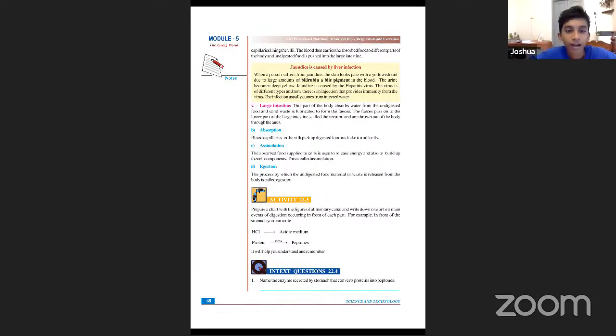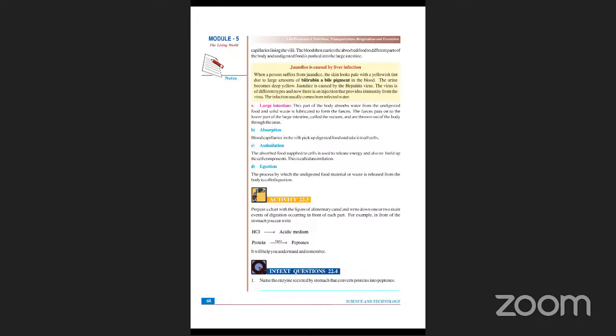When a person suffers from jaundice, the skin looks pale with a yellowish tint due to large amounts of bilirubin, a bile pigment in the blood. The urine becomes deep yellow. Jaundice is caused by the hepatitis virus. Underline this, because they can ask you, jaundice is caused by dash.